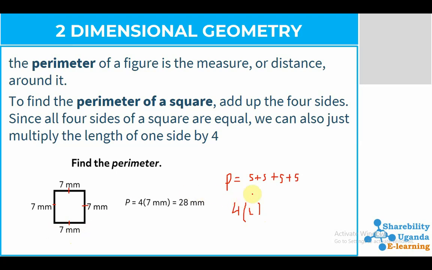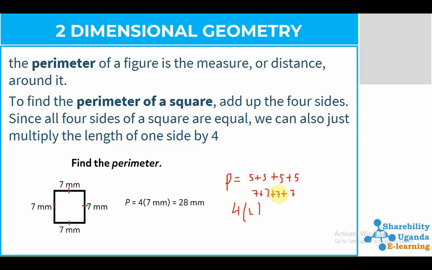Our method number 1: if we have 7 as our length, we shall add 7 plus 7 plus 7, 4 times, because a square has 4 sides.